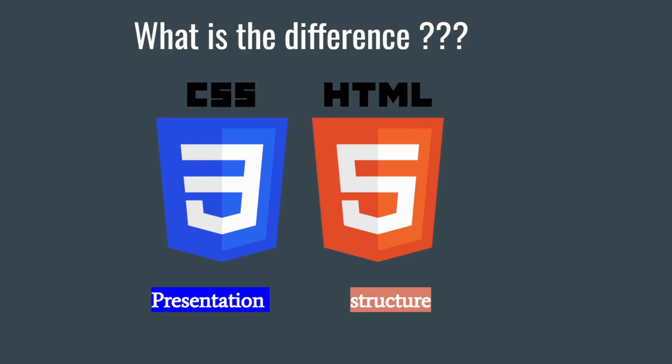So this is why we need to use CSS with HTML, because HTML alone is very ugly. And from that, we know that HTML is responsible for the structure and CSS is responsible for the presentation. Okay.